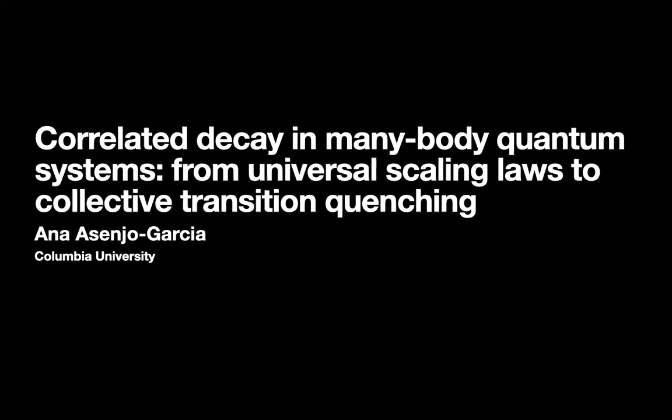So today I'm going to tell you about two recent pieces of work that are a bit different in topic, but they have something in common, that is correlated decay.